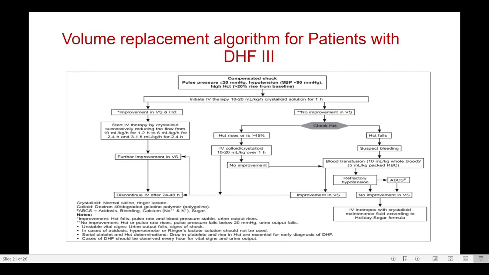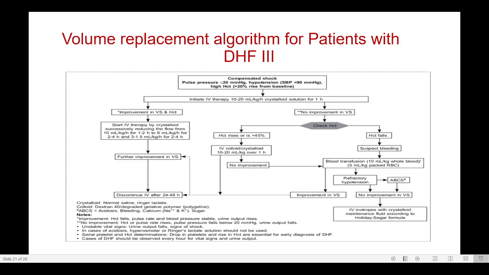Colloid means Haemaccel or dextran 40, and wait for another 1 hour. If no improvement, then opt for blood transfusion. Or in another scenario where hematocrit falls and you suspect bleeding, here also we start blood transfusion, or packed RBC if fluid overload is already present. And if there is improvement in vital signs, gradually discontinue intravenous therapy.